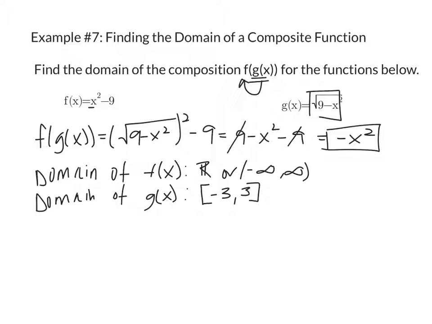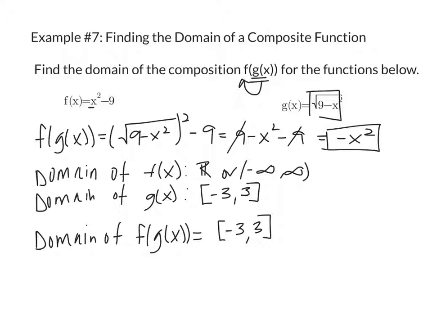For us to have a domain of f of g of x, we will have to take the overlap of both. And so the overlap is from negative 3 to 3.